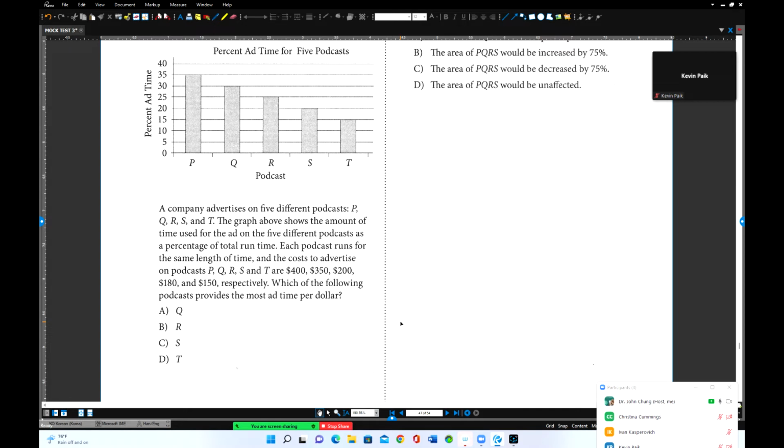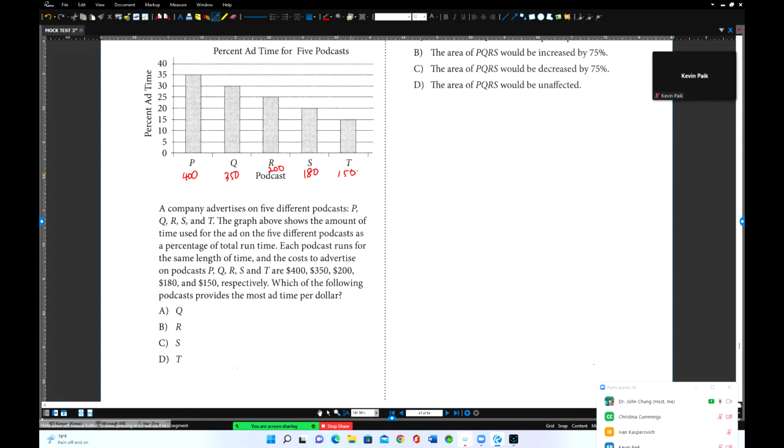Each podcast runs for the same length of time, and the costs are $400, $350, $200, $180, and $150.